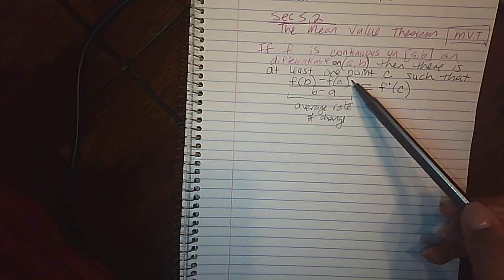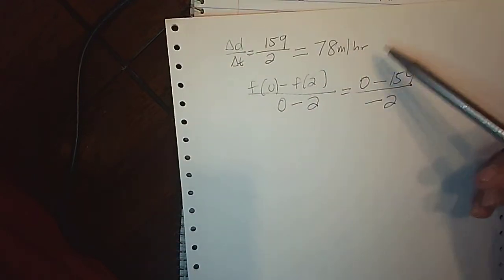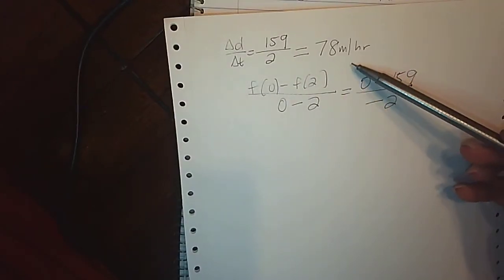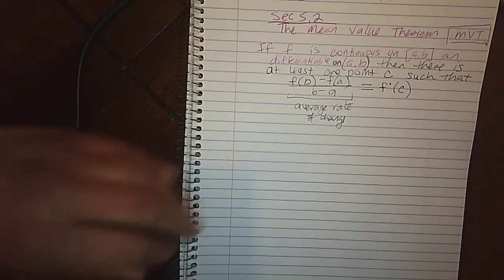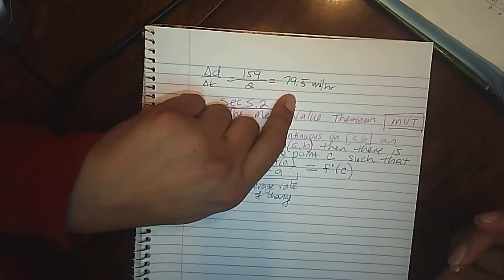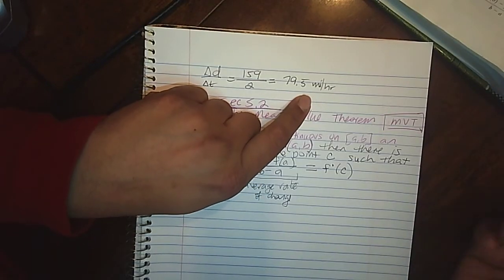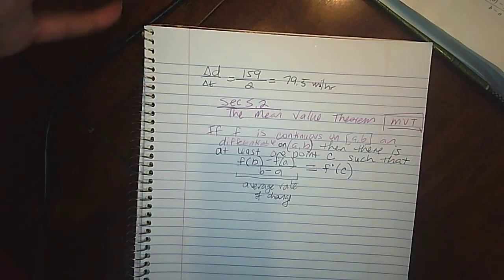At least once. She could have been driving 79.5, ooh, this is the wrong paper. Sorry. She could have been driving 79.5 miles per hour more than once. But again, that's why she got the speeding ticket.